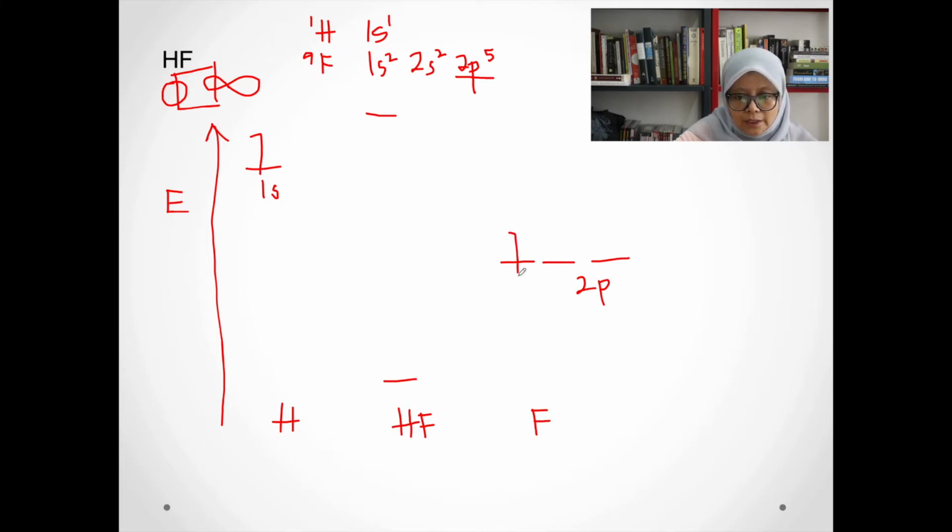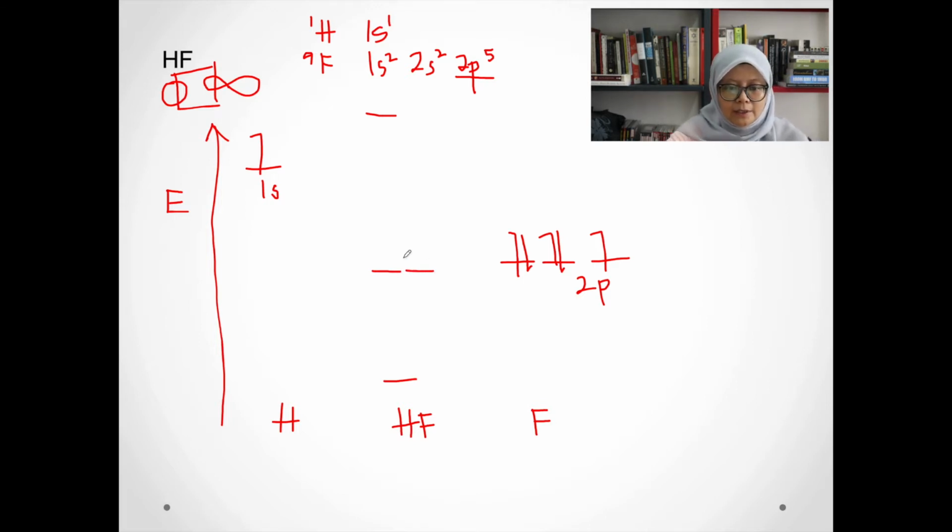As you know, the number of orbitals for these two must equal the number at the center. We already have 1 here and 1 here, and we need to fill up another 2 at the center.